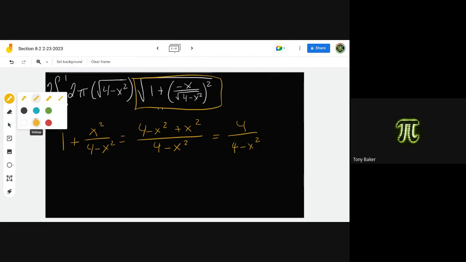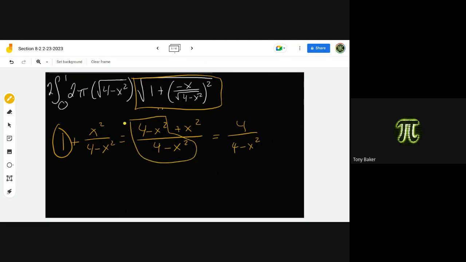That's where the 1 went. And now this whole thing was the square root of that, so that ends up becoming 2 over the square root of 4 minus x squared.